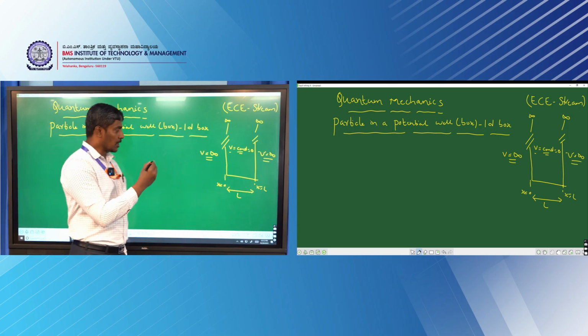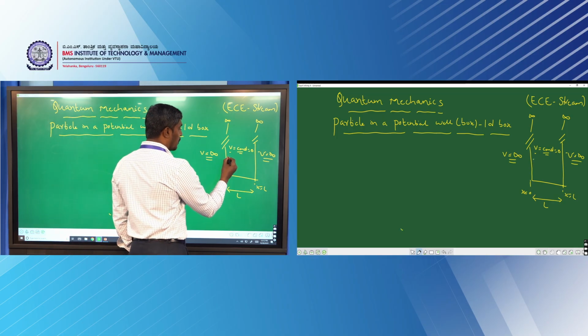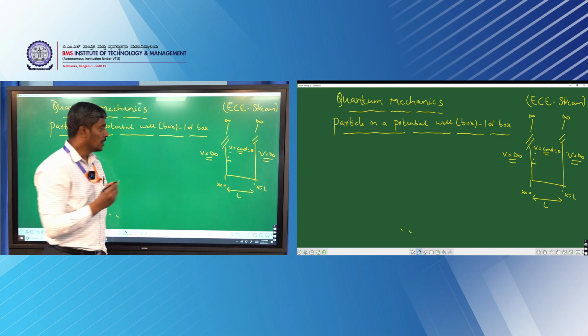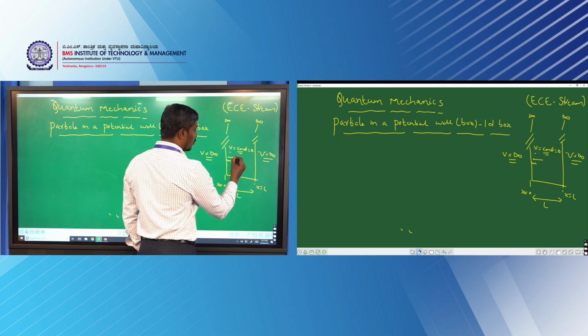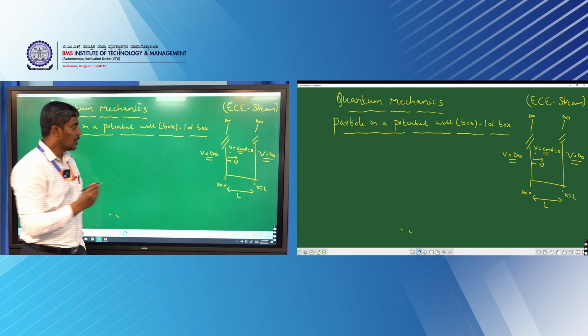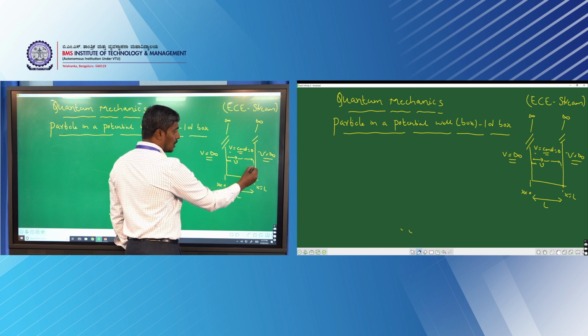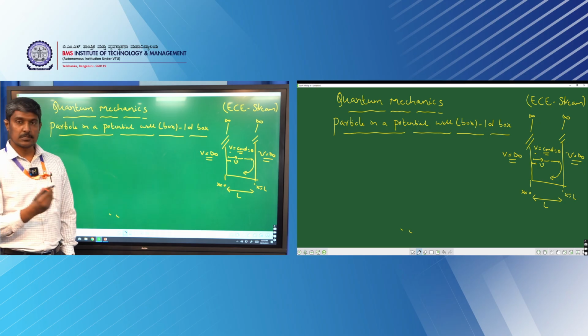Now, in such a potential well, suppose I take a quantum particle of some mass m. Because of this constant potential, the particle will start moving with some velocity v. As it reaches this side of the wall, since a huge potential is present, it has to rebound back. It cannot cross that side.